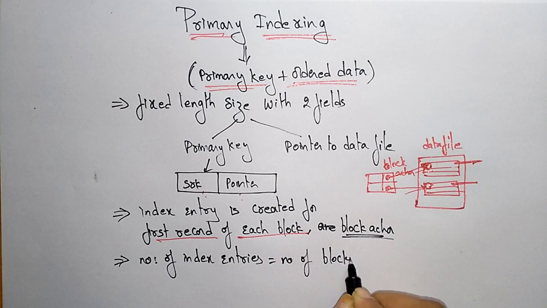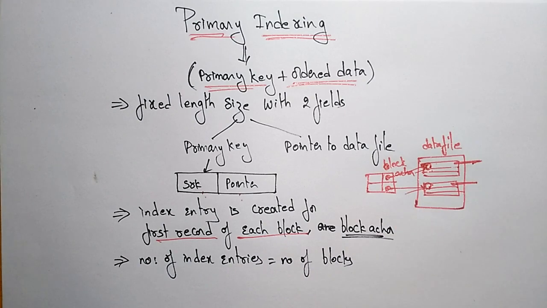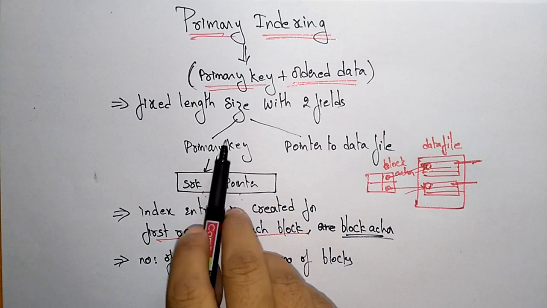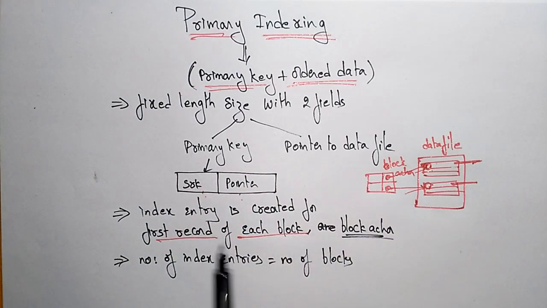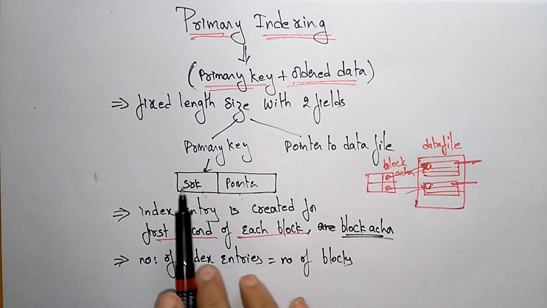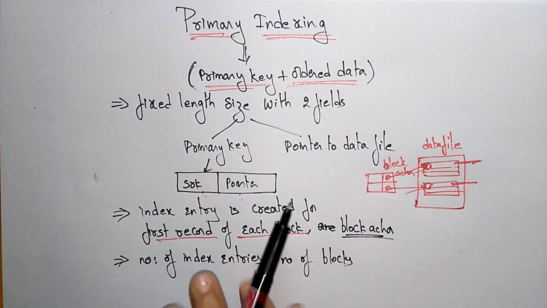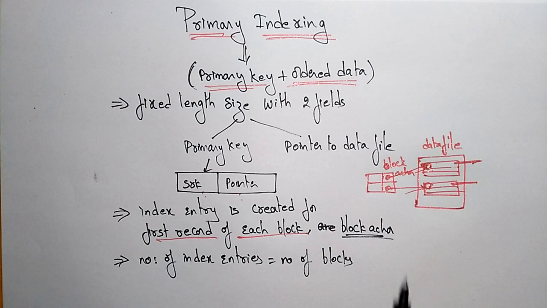First I am explaining all the points, and later we will take the example and discuss these points in it. The first point is that it should be a fixed length size with two fields: one is the search key, that is the primary key, and the other is the pointer to the data field. The next is that an index entry is created for the first record of each block, which you call a block anchor.